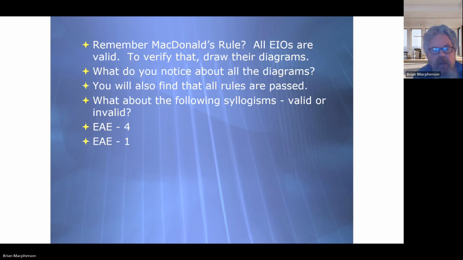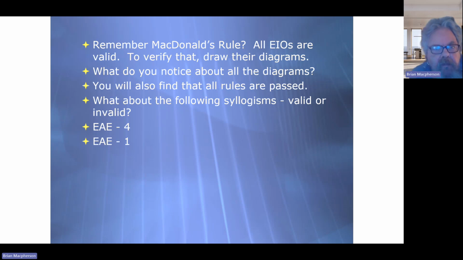Okay, so once again, the first premise is no M's are P's. So that means we're going to shade in this area here. No M's are P's, right? Just like with the first one.